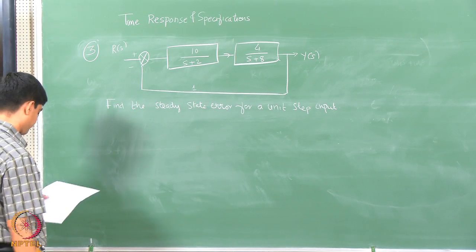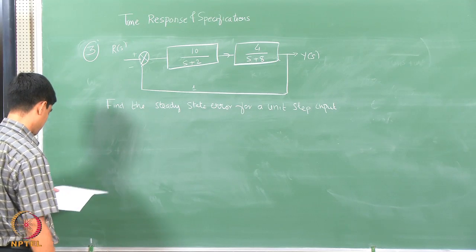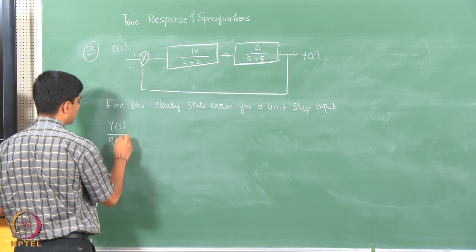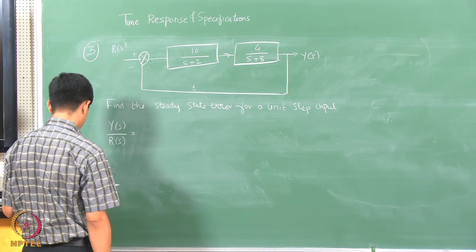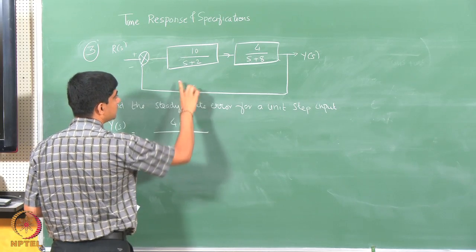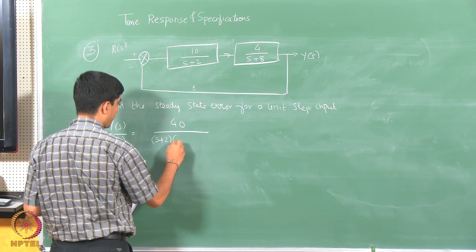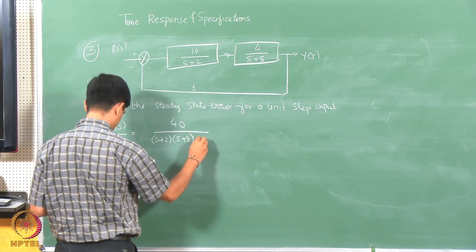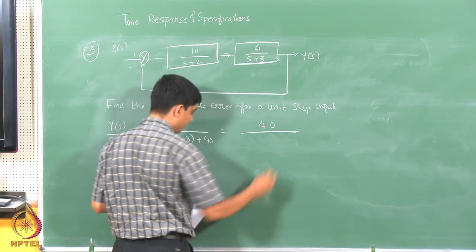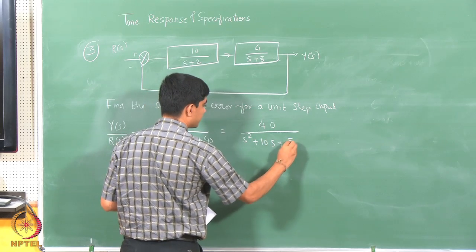Okay. If I had done this 3 or 4 lectures ago, I would have first calculated the transfer function Y(s) over R(s), which is 40 over (s plus 2)(s plus 8) plus 40, that is G over 1 plus GH, over s square plus 10s plus 56.